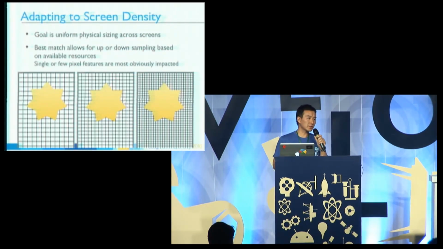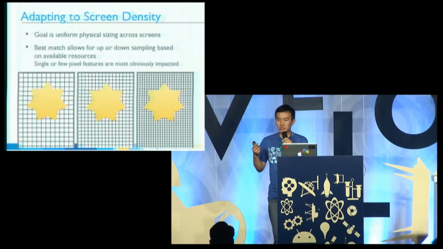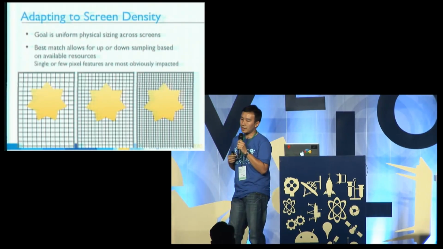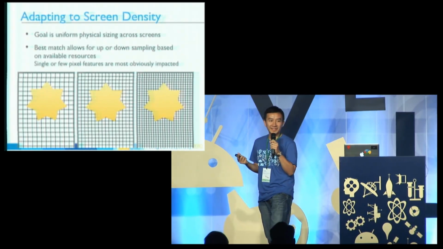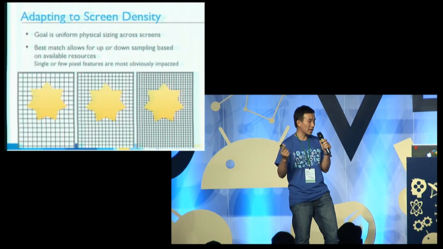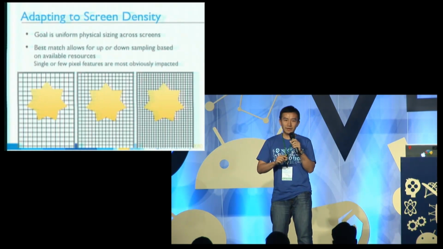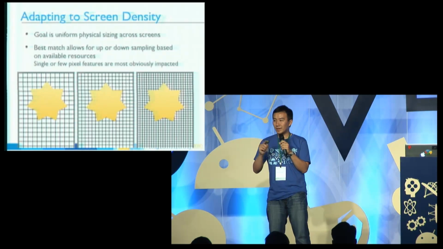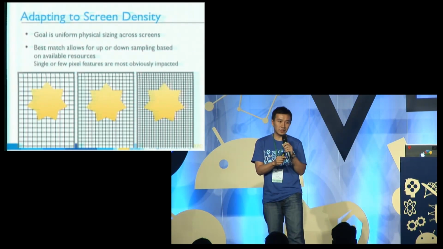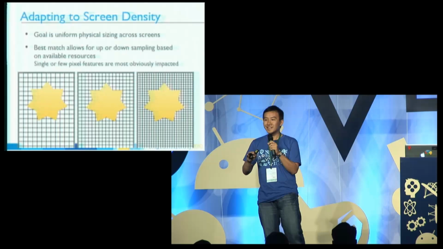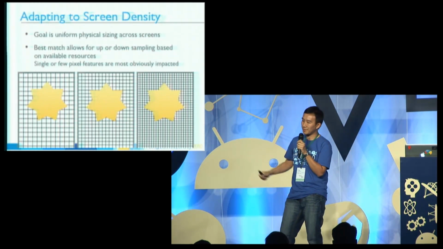And when it comes to the generation of these graphics, for example, when you're using your favorite photo editing software, Photoshop or GIMP or whatever, the technique is that you always want to, first of all, identify the different density buckets that you'd like to support. For example, you want to support all 3.